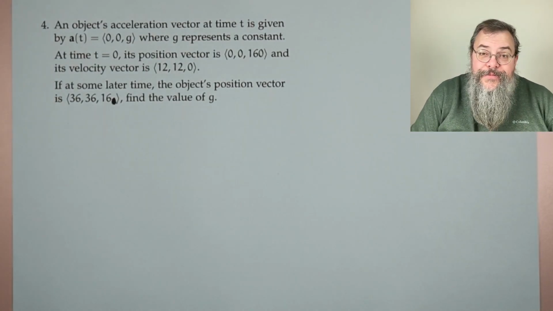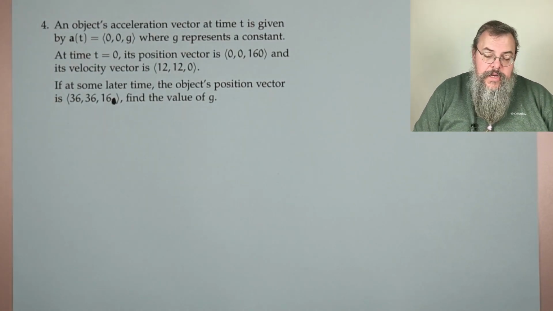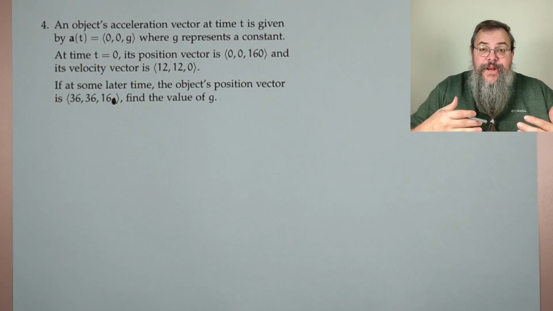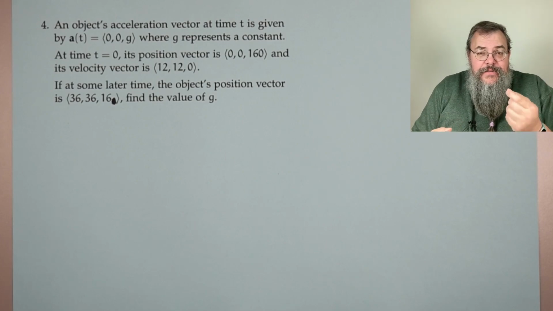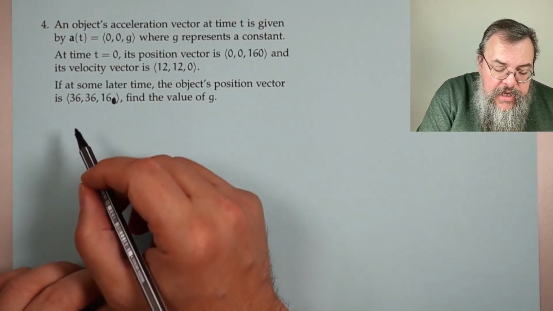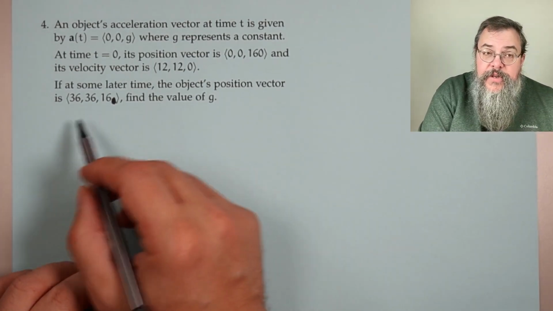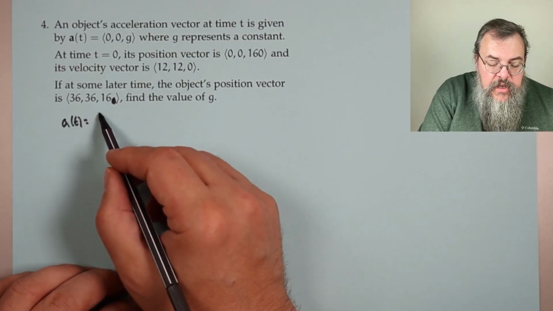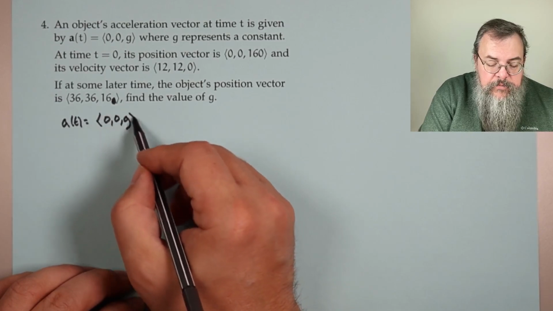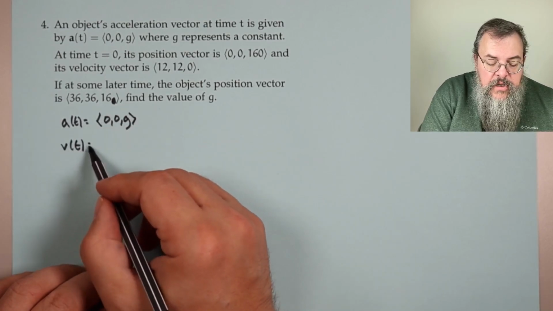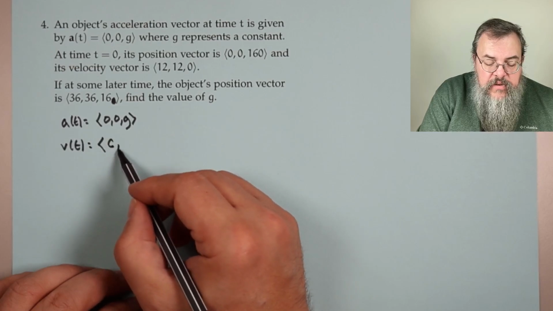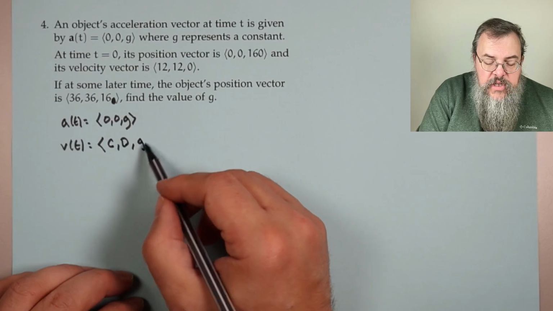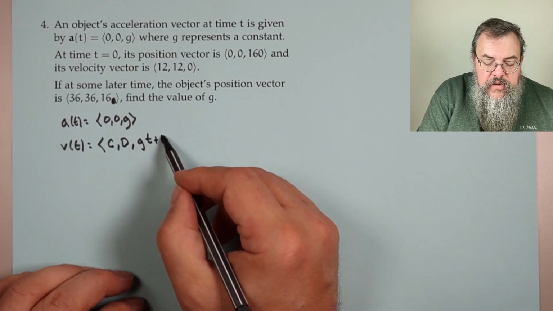Okay, so what can we do? Well, we have acceleration, so we can find velocity and position. Now there'll be this extra factor of g. That's okay. Let's go ahead and figure it out, because we have some information about position later on. So we start with acceleration, that's our 0, 0, g. So velocity is going to be some constant c, some constant d, and then g times t plus some constant e.